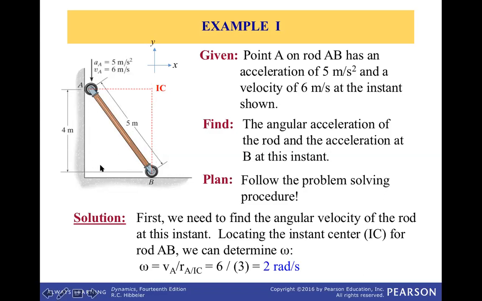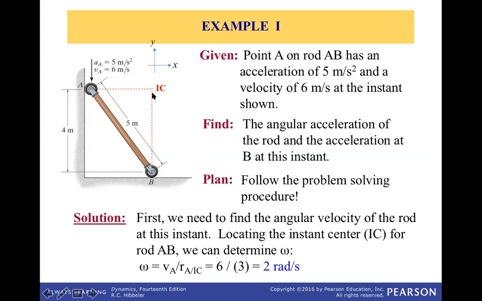So the distance from the instantaneous center of zero velocity to point A is 3. Given VA is 6, omega is VA divided by R, so 6 divided by 3 gives you 2. So we can determine the angular velocity quite easily by using the instantaneous center of zero velocity.